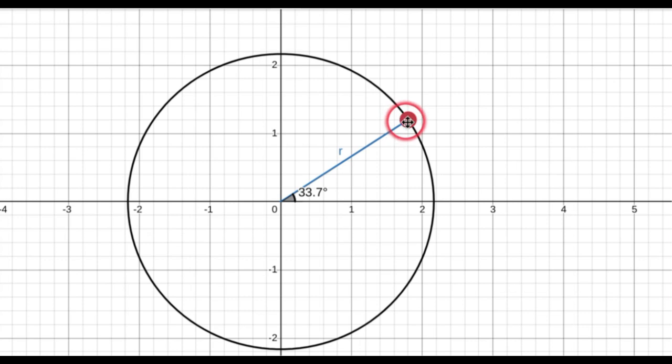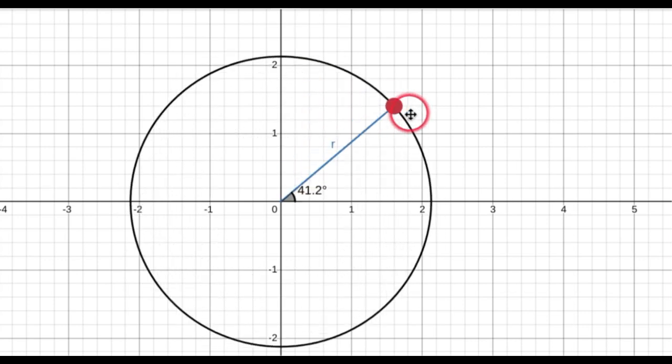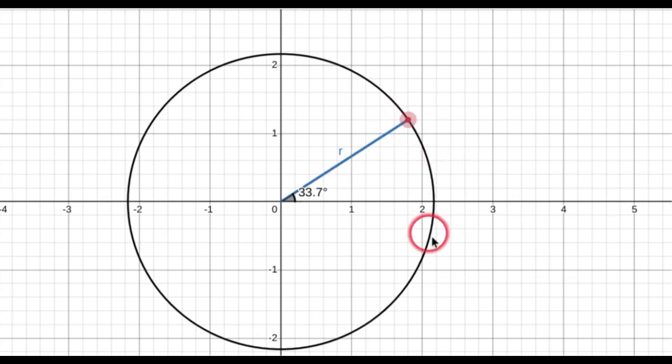And we can move our point around, make the radius smaller, bigger, the angle smaller, bigger. But the point is, we've now got an angle. So by convention, it's this direction with the x-axis. So we've got an angle and a radius. That's all we need to do the coordinates, okay?